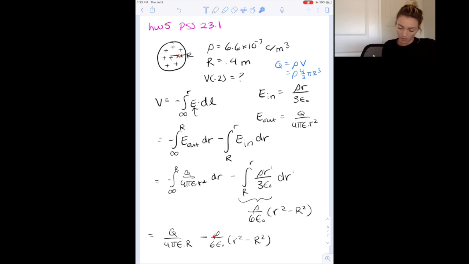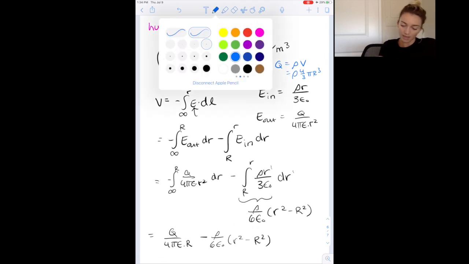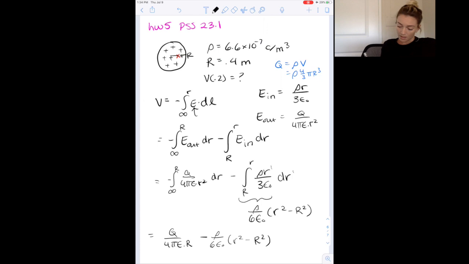Your rho was given to you, and then this little r is the distance that you're looking for the potential. So in my case, it was 0.2 meters. So this is your point inside the sphere, and then just plug that in, and that's your answer. With the numbers that I have here, I got 5465 volts.